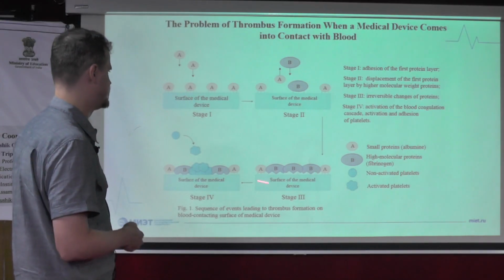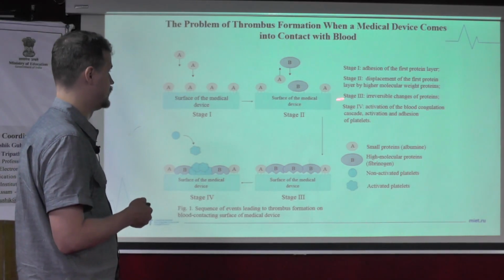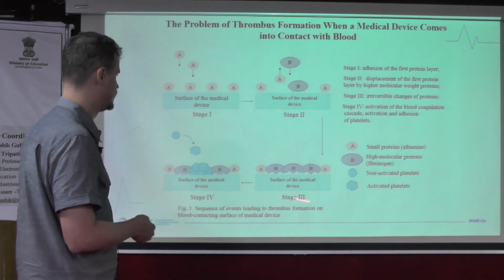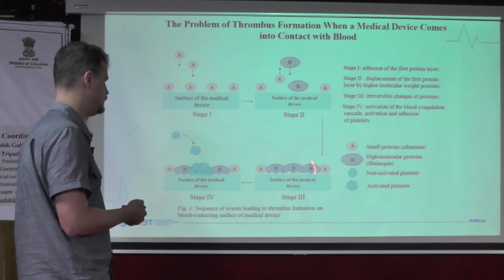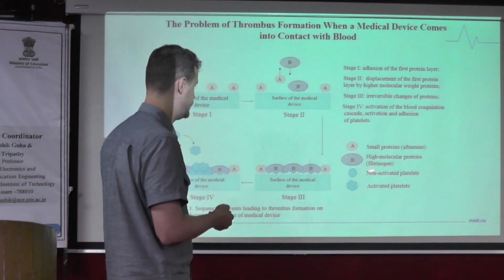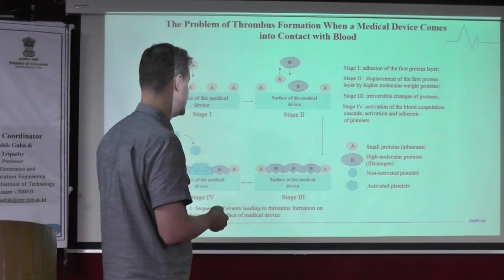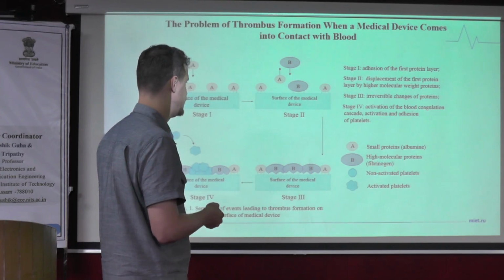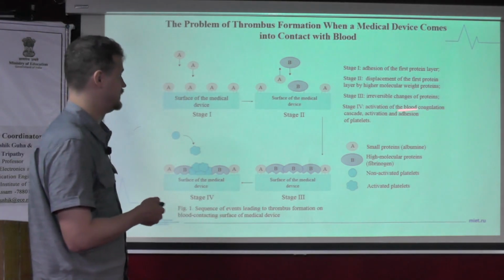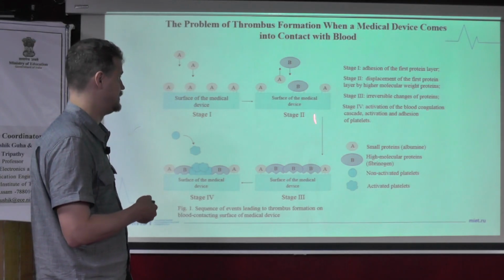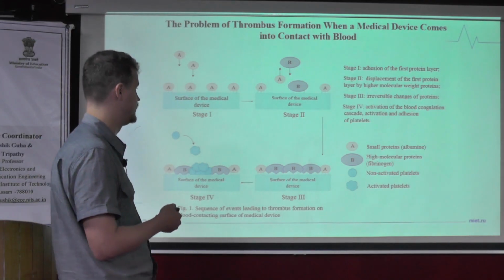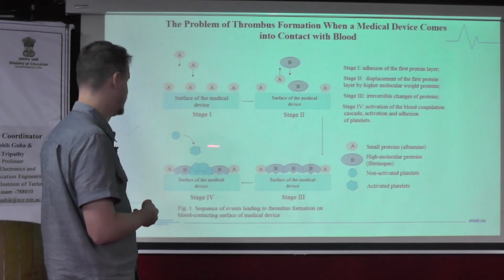And that leads to reversible changes of the proteins. So there is a modification of these big proteins, like fibrinogen, which then interact with the platelets, and that leads to the activation of blood coagulation by means of the activation of platelet adhesion.